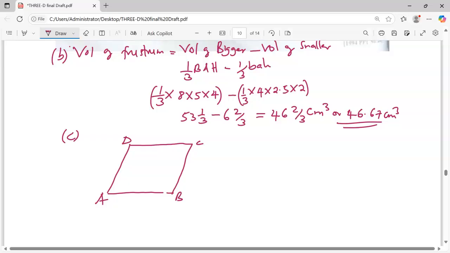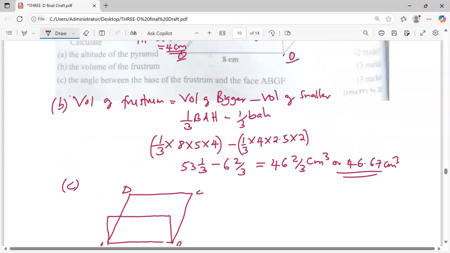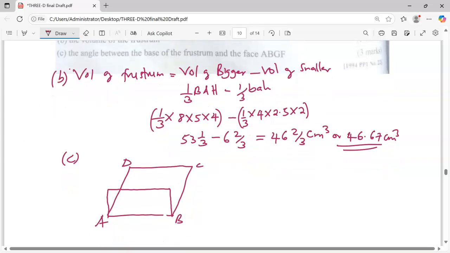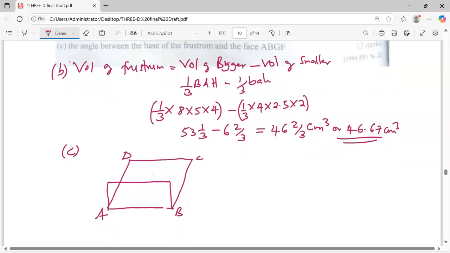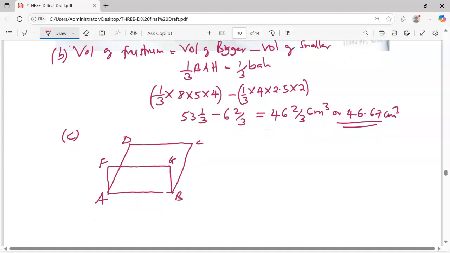So we are going to have another shape that is looking like this. For us to find the angle that we are looking for, that is the angle between the base of the frustrum, ABCD, and the face ABGF, we are going to look at the common line of intersection, which is AB, then join A to C first.